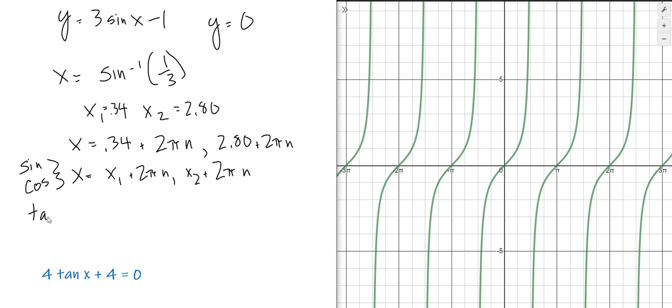For my tangent, all it's going to be is x equals x1 plus pi n. All right. Because my second time around, my second value is going to be at the 2 pi value.